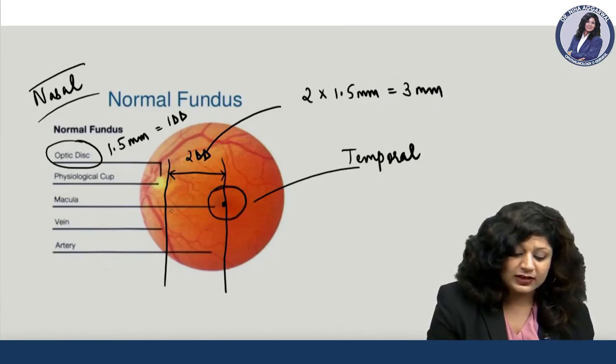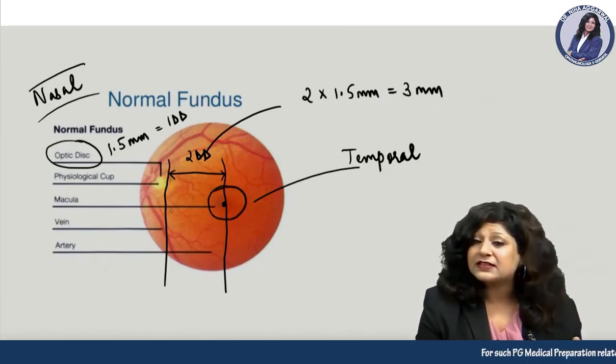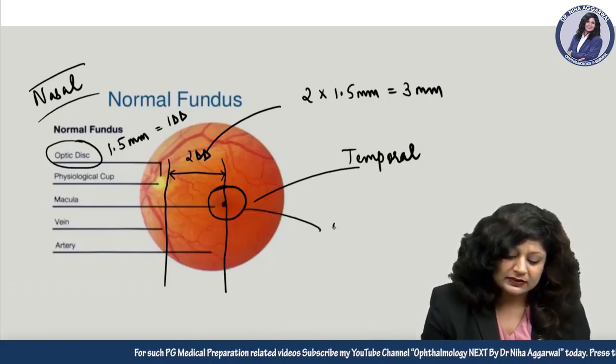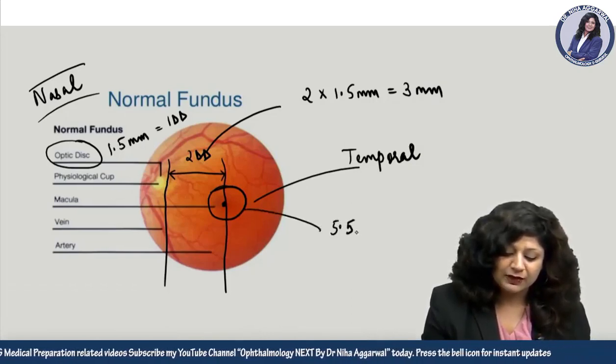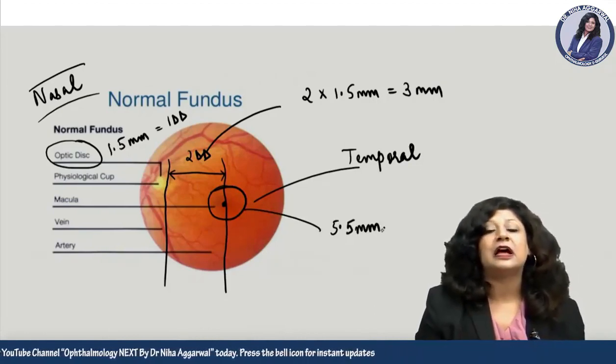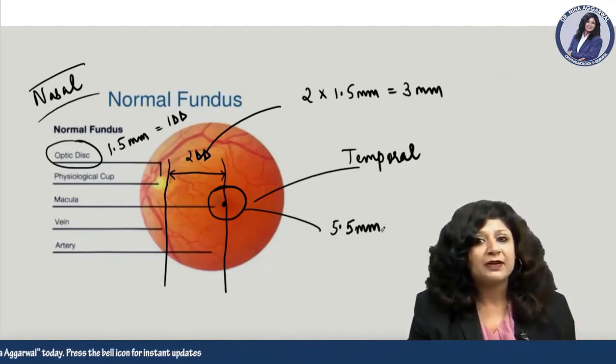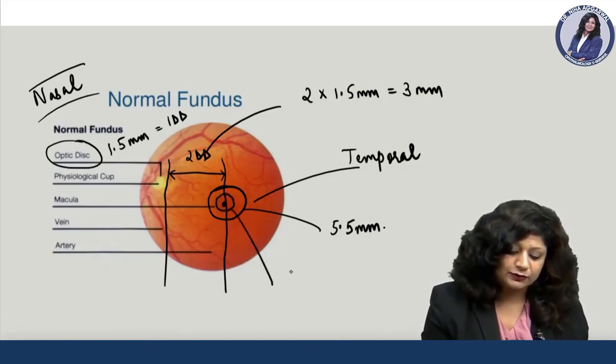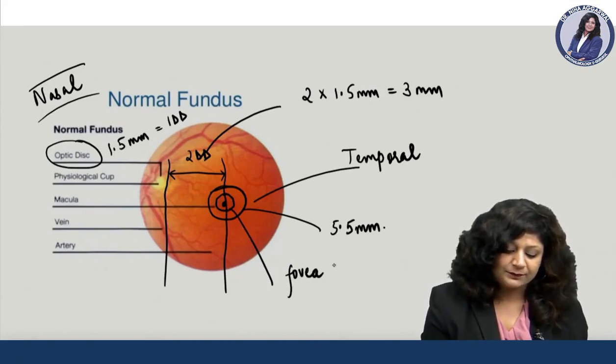Macula is larger in size in comparison to the optic disc, and the diameter of the macula is 5.5 mm. Inside this macula lies another area. This area is called the fovea centralis.